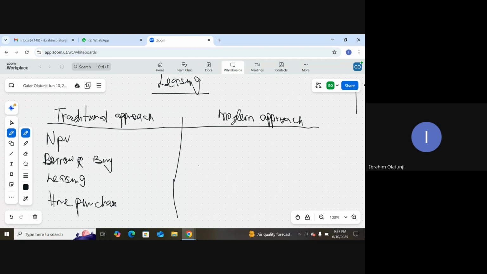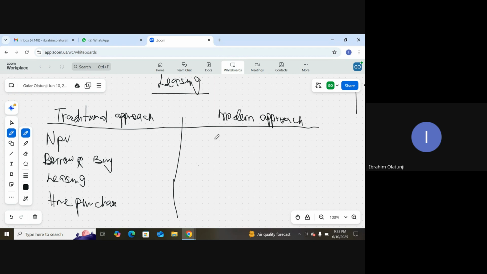Then if it is the modern method, you notice that the question is playing around borrowing. Probably there is a long-term borrowing, and the examiner is trying to look at the borrowing.